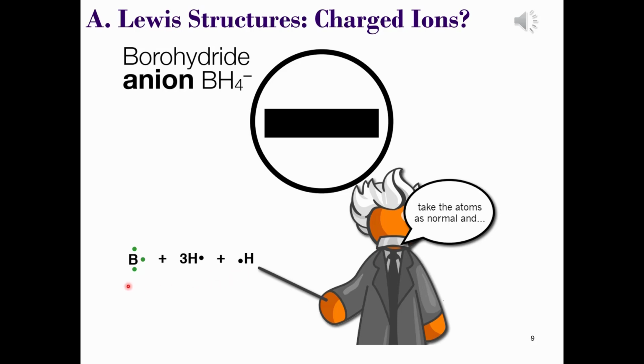However, there is one slight nuance that we need to consider, and it's what to do with the charge. In order to approach this, we take one of the hydrogens and separate it out. At the moment, boron has 3 valence electrons. Each hydrogen of the 3 has 1 valence electron, and we consider what to do with the last hydrogen on the next slide.